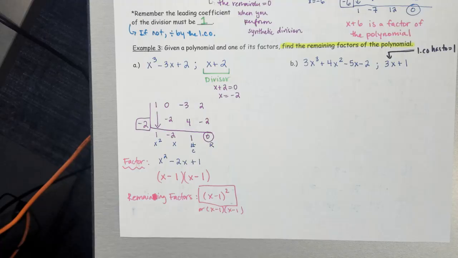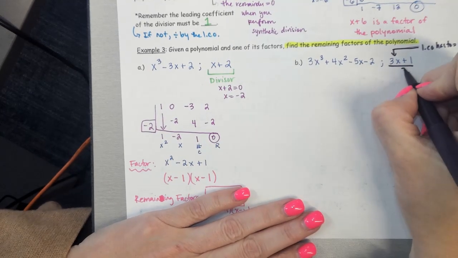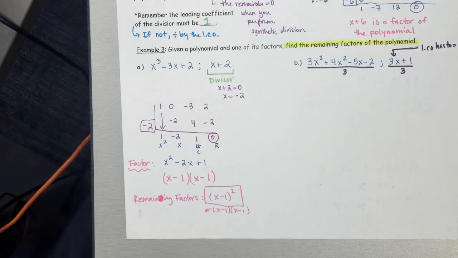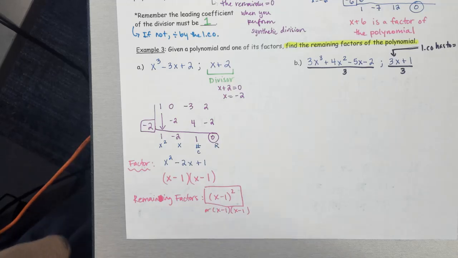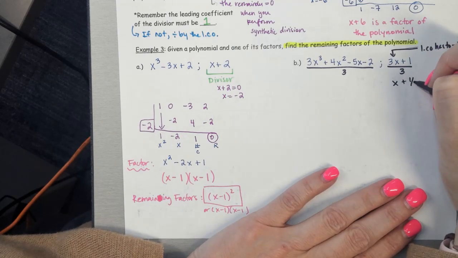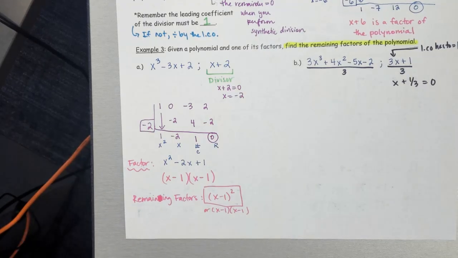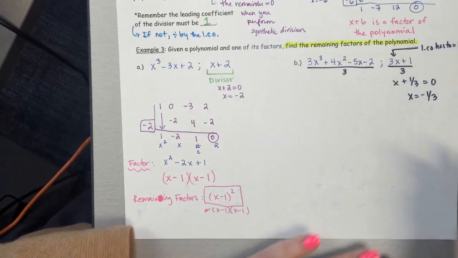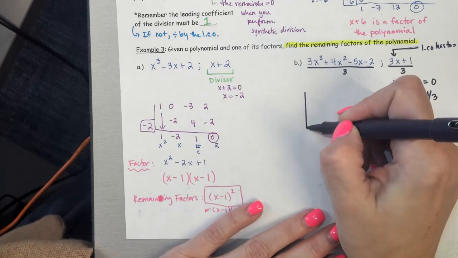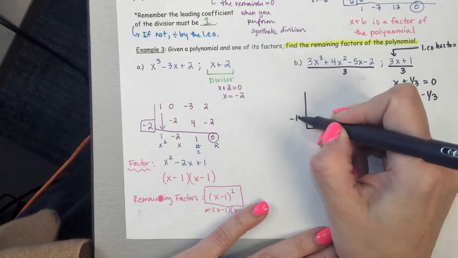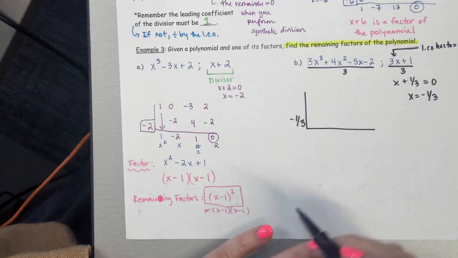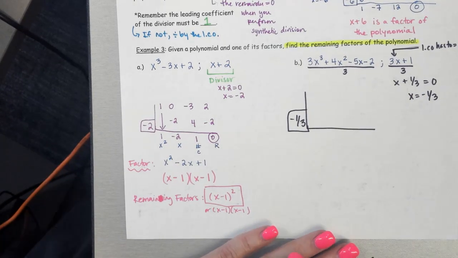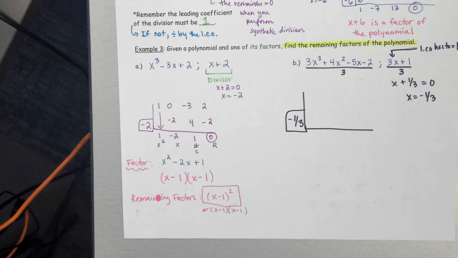If it doesn't, then we have to divide everything by 3, not only here, but also here. When you're dividing by 3, if you just want to set those up in the synthetic division, that's fine. I'll give you a moment to divide everything, and then we'll check that.